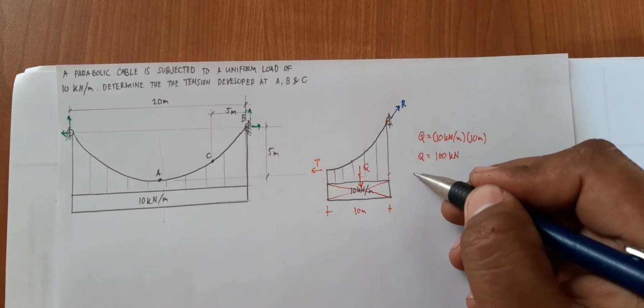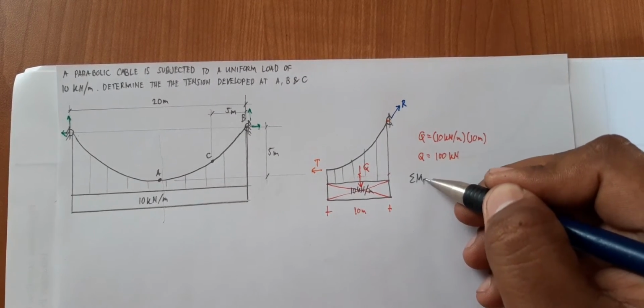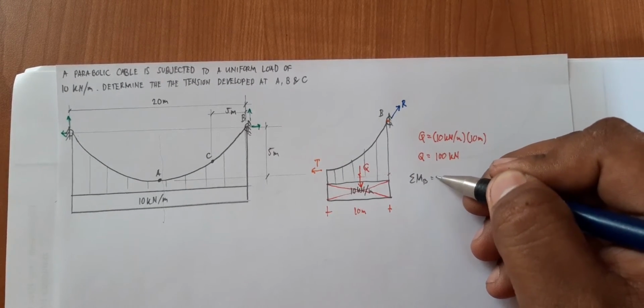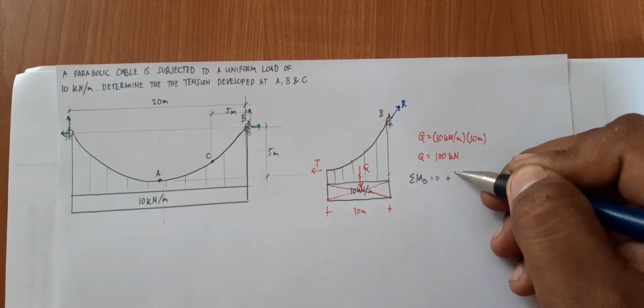So taking summation moment at B equal to 0, let's take positive clockwise.